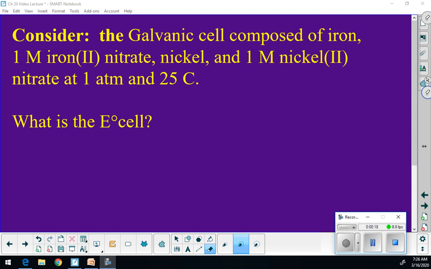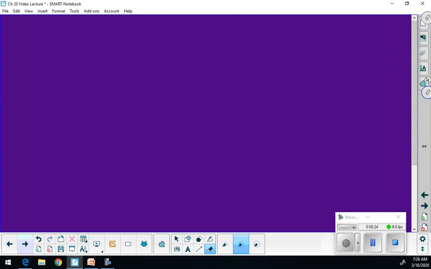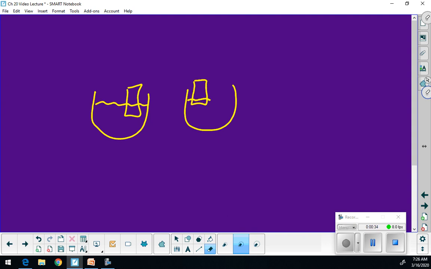So, I hope you've watched the video on galvanic cells, and if you had, then you would say, okay, we have a couple of half cells, right? And you have some electrodes in those half cells, and usually some solution, and those half cells are connected by a wire.